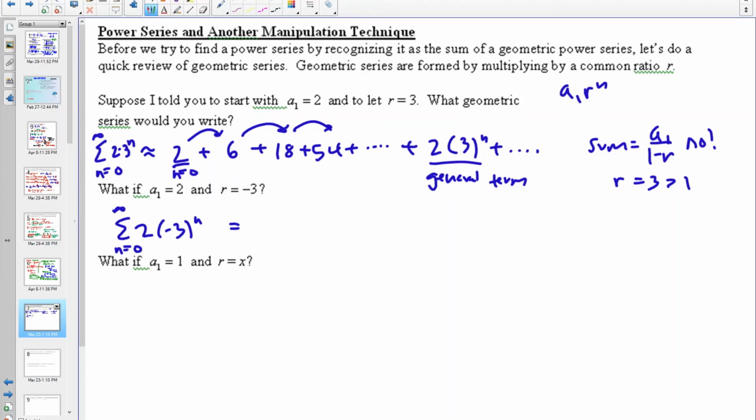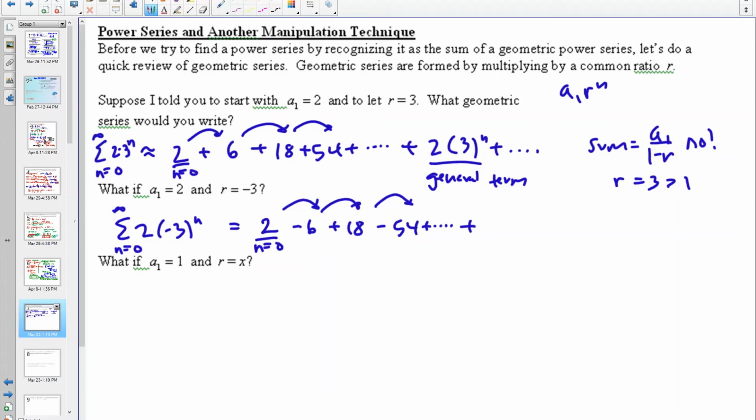The reason I'm starting with n equals 0 is because my first term has to be 2, and to plug into this formula to get 2 here, n is going to have to be equal to 0. And then my second term is going to be multiplied by negative 3, so that'll be negative 6. Then multiply by negative 3, that'll be positive 18. Then multiply by negative 3, I'll get negative 54 plus dot dot dot.